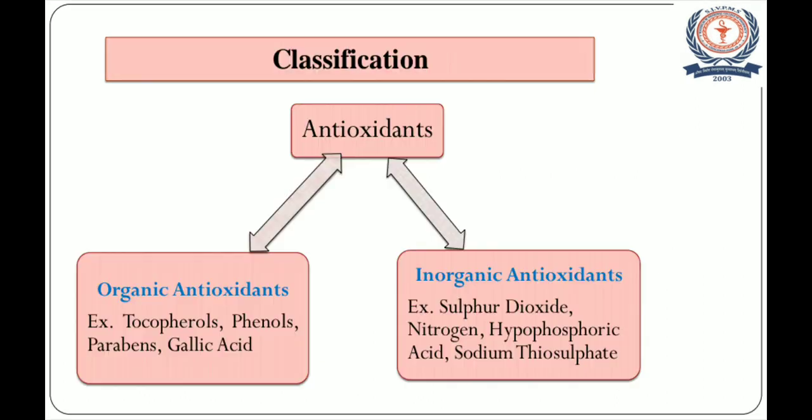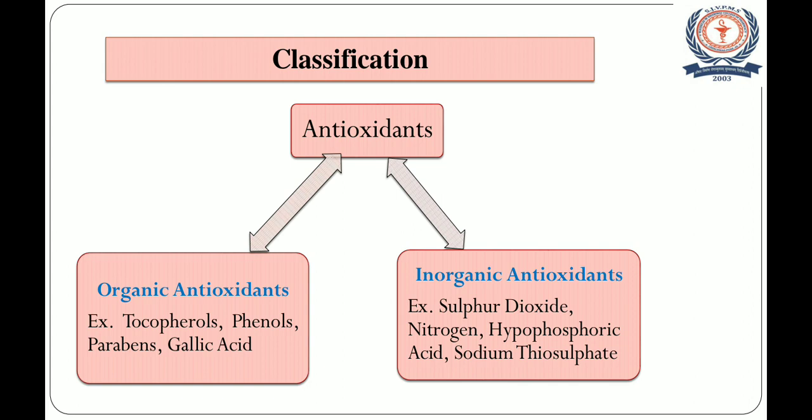Now let us discuss the classification of antioxidants. Antioxidants are mainly classified into two major classes, organic antioxidants and inorganic antioxidants. Organic antioxidants, for example, tocopherols, phenols, parabens, gallic acid, BHA, BHT.